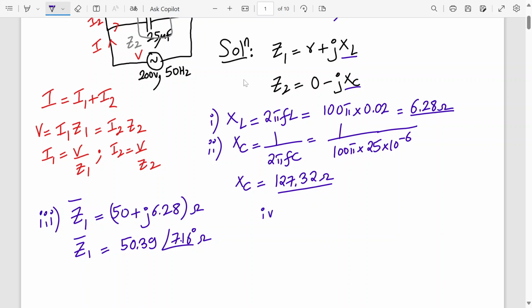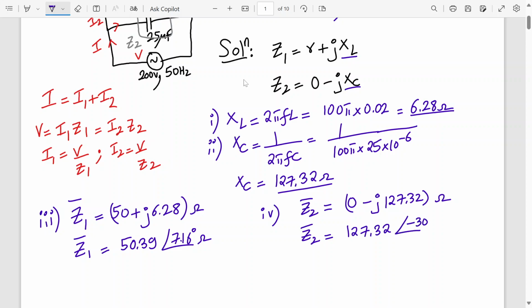Similarly, Z2 will be 0 minus jXC, so this is 127.32 in rectangular form. We convert this into polar form by pressing shift POL in your calculator. That comes out to be 127.32 at an angle minus 90 degrees, right?